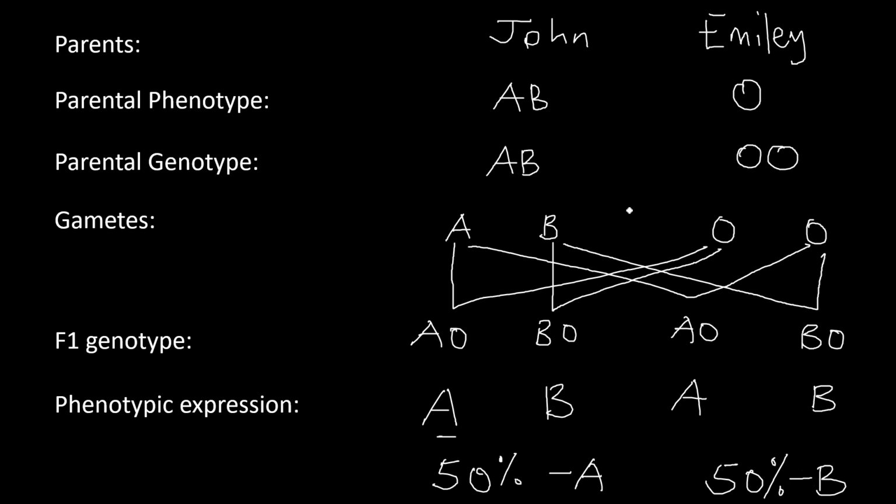So that means John, who is blood group AB, and Emily, who is blood group O, are giving birth to children, and their children can only be blood group A or blood group B, which is completely different from that of John and Emily. So it is very, very possible that someone in blood group AB getting married to blood group O will give birth to children that have neither of their blood groups.